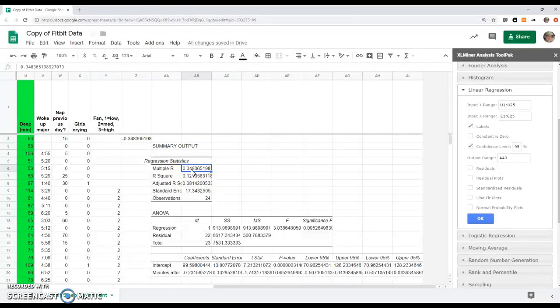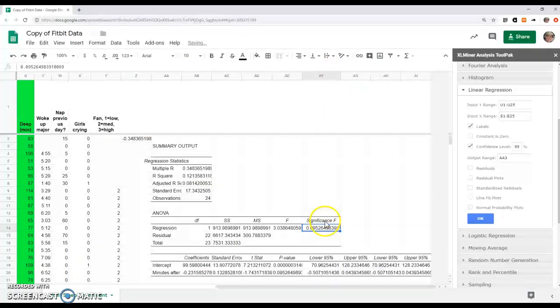How do we tell? Can we just gauge it by how big that number is? As it turns out, we can't. That's going to depend on a few other factors, the standard error, things like this. So we go down here to this significance F. This number right here, it's in the ANOVA section on the far right, significance F.